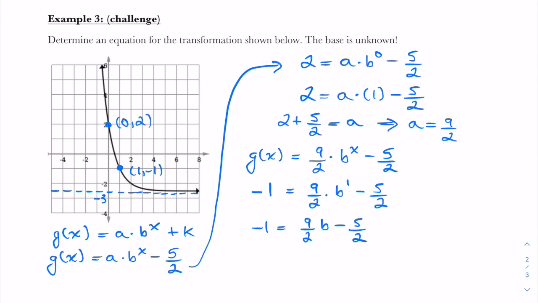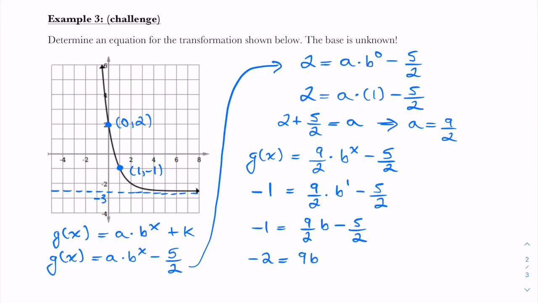I'm going to do a little trick here. Notice we have a common denominator of 2 on the right side of the equation, so I'm going to multiply every term of the equation by 2 in order to cancel out the fraction. Doing so, we get negative 1 times 2, which is negative 2. Multiplying 9 over 2b by 2 gets rid of the denominator, just giving you 9 times b.